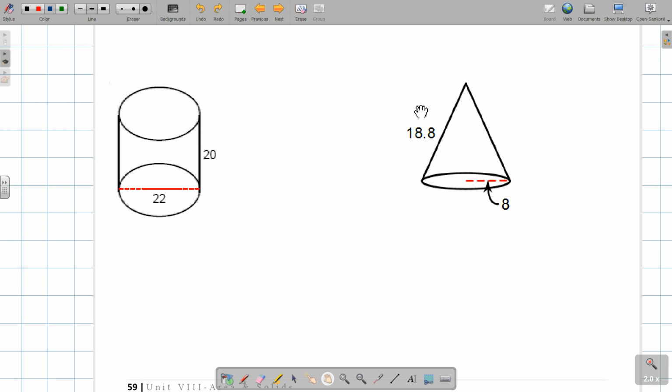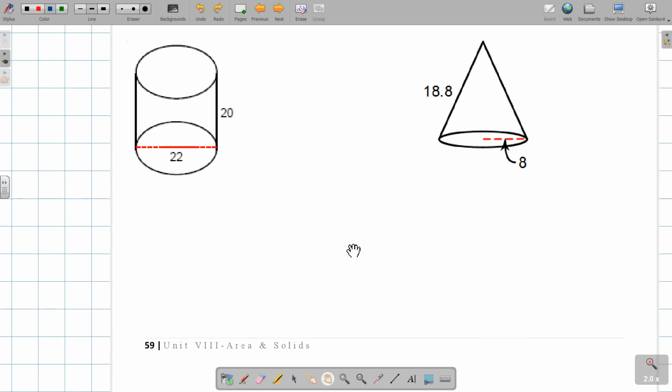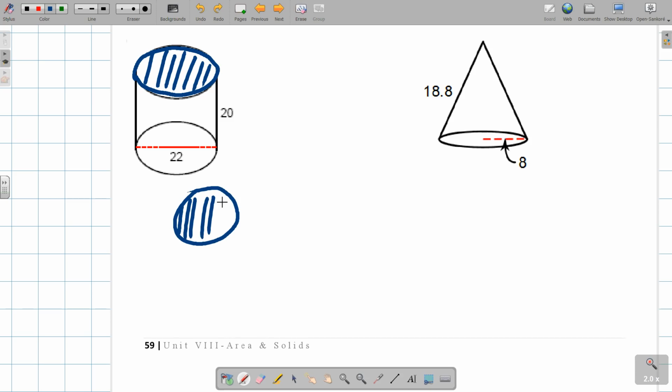Now, cylinders or cones are going to look a little bit strange because they don't exactly have flat surfaces. But for a cylinder, we start with the fact that we do have a flat circle. You will pull it apart. And think of this as a label on a can.